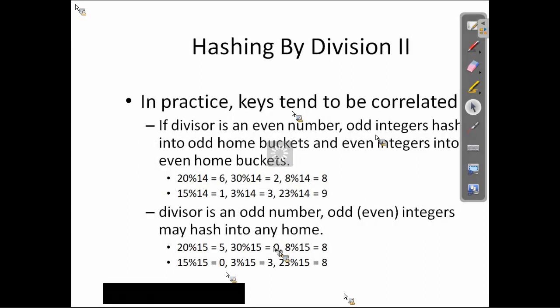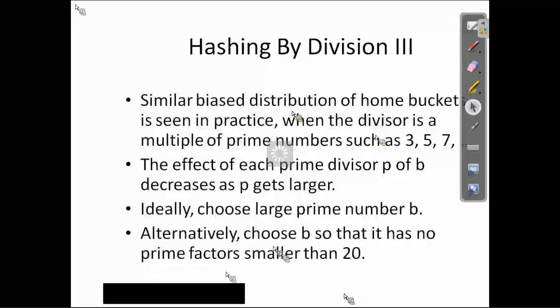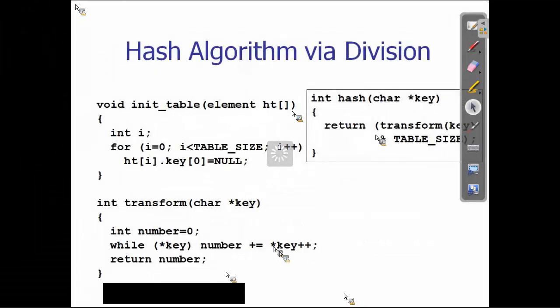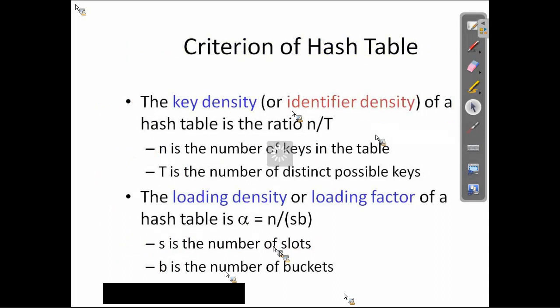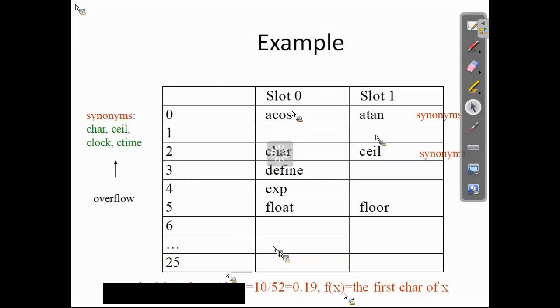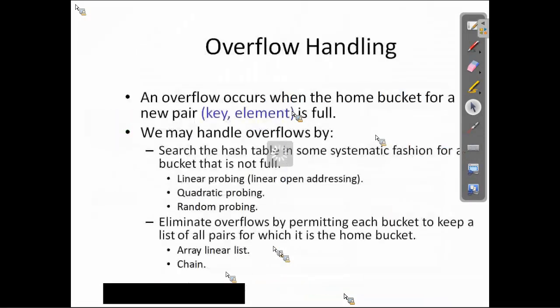These are just different kinds of hashing. Either you do division or you do modulo. There are other kinds of hashing functions too. I think we will not spend too much time here. Overflow handling.